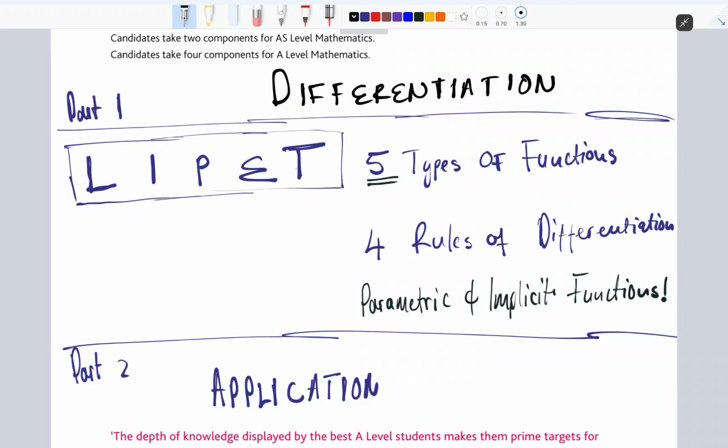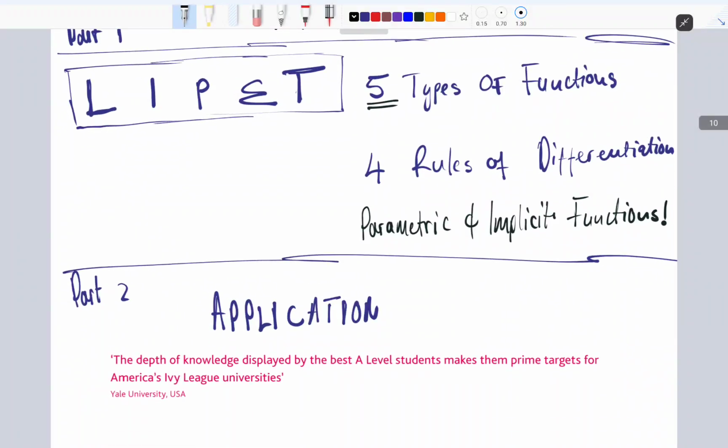Well, for us to say you are done, you got to be able to differentiate all of these 5 types of functions. And then you have to be able to use the 4 rules, because in the 4 rules, what will be happening is we will be combining functions in different ways.